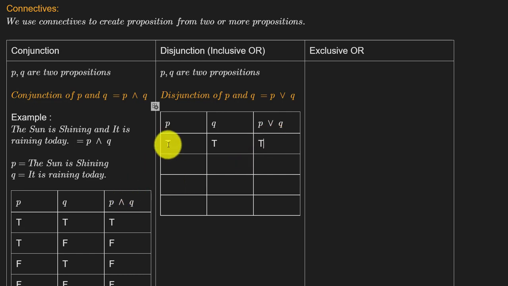At least one of them is true. It can happen that both of them are true as well. In that case also, that particular OR expression becomes true.